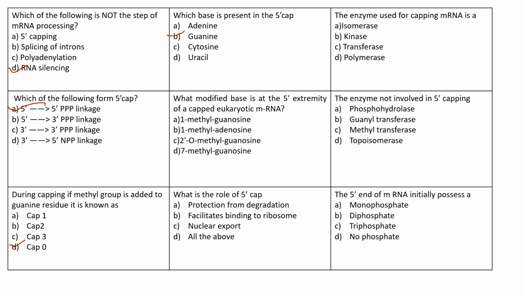What modified base is at the 5' extremity of a capped eukaryotic mRNA? 7-methyl guanosine. What is the role of the 5' cap? Protection from degradation, facilitates binding to ribosome, nuclear export. All the above. The enzyme used for capping mRNA is transferase. The enzyme not involved in 5' capping: topoisomerase. The 5' end of mRNA initially possesses a triphosphate.